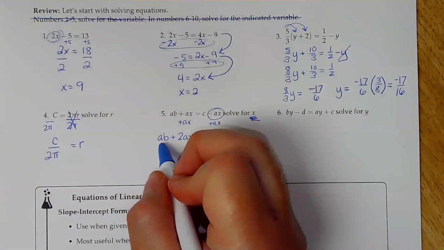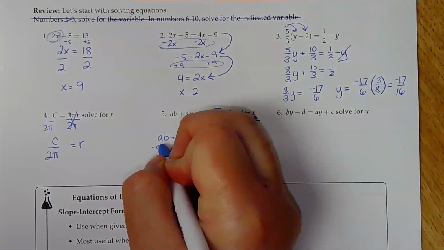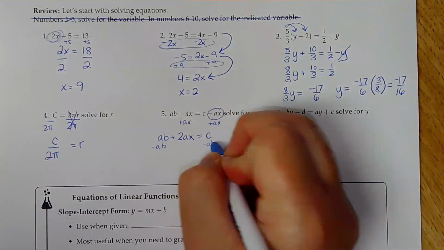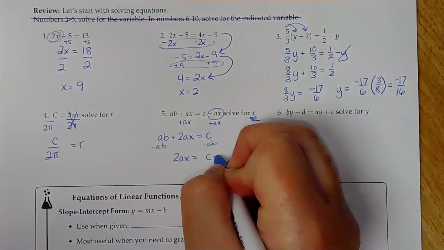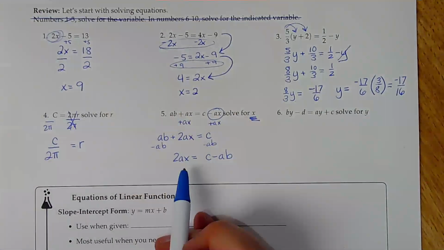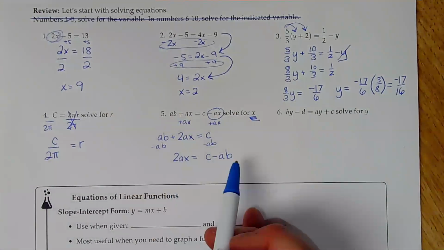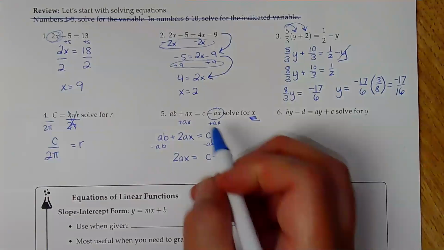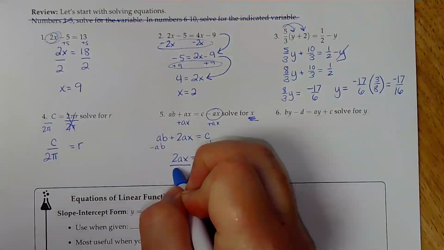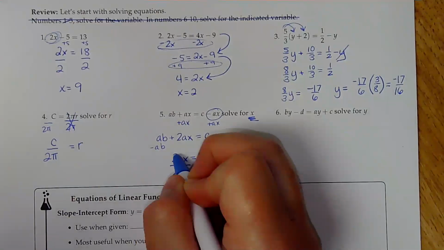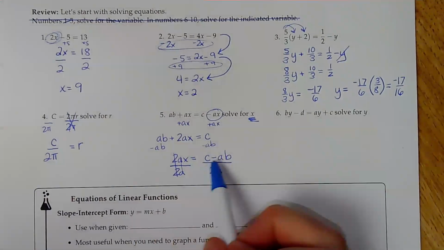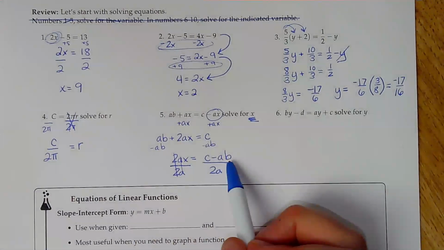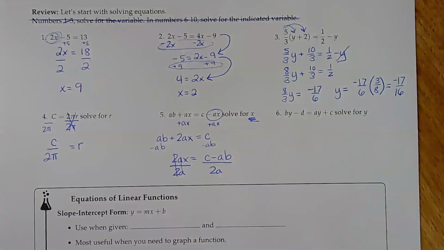This doesn't have any x's, so I want to get rid of that ab. Now I have 2ax is equal to c minus ab. I have my x's on one side and my non-x's on the other side. For this last step, I'm going to divide out the 2a, to just get an x there. So my x is going to be equal to c minus ab, all of that divided by 2a.